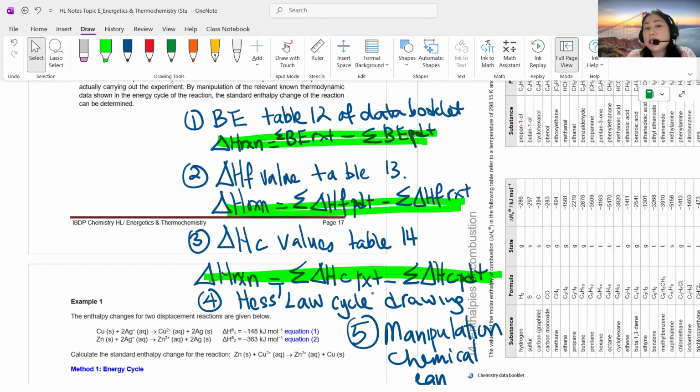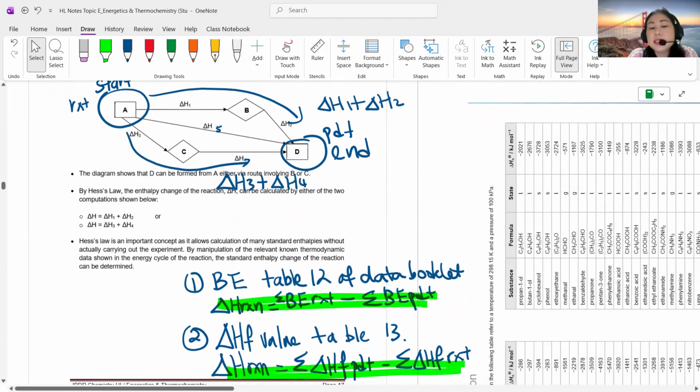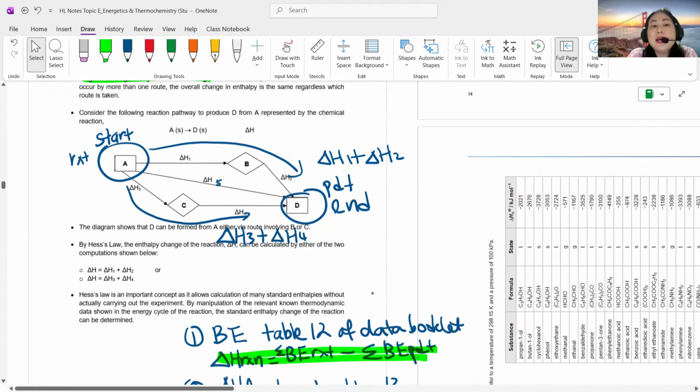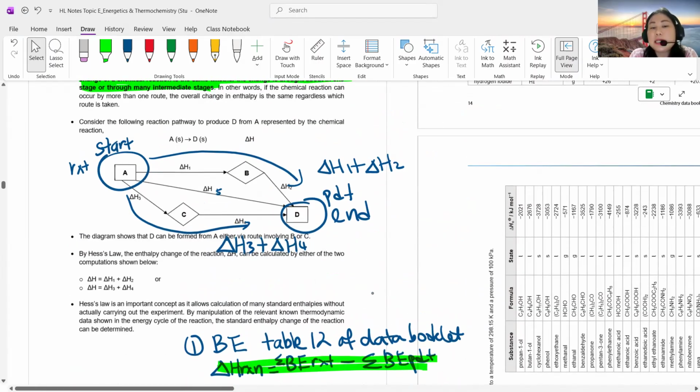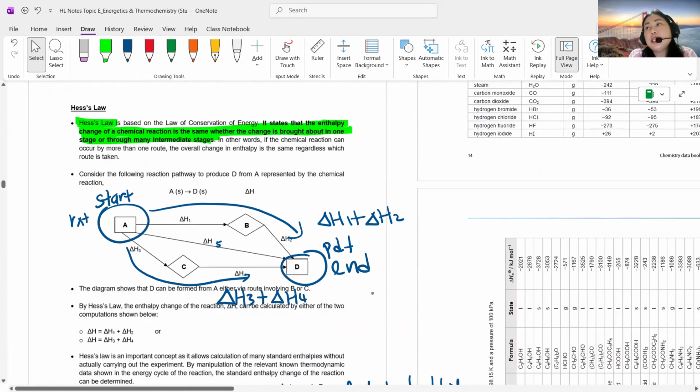That means you're not collecting data, not doing an experiment, but just using some data booklet values to calculate. All the methods, method 1 to 5, have Hess's law as their basis. That means the energy does not differ if the pathway changes, as long as the starting and ending reactants and products are the same.